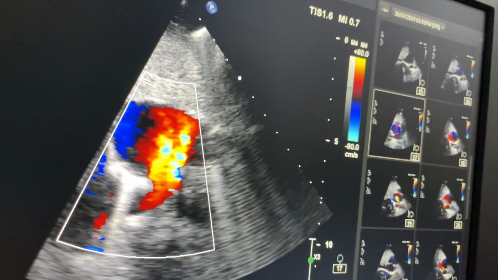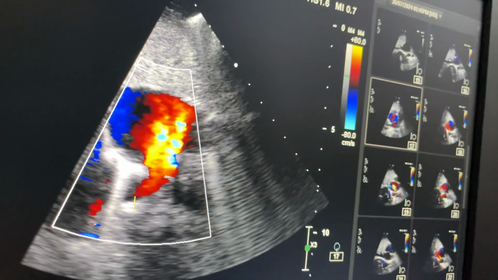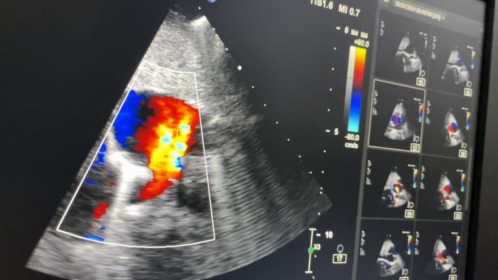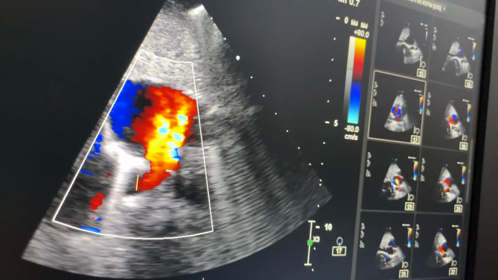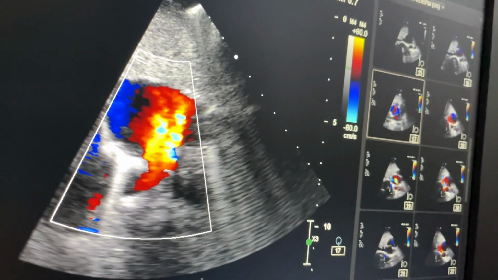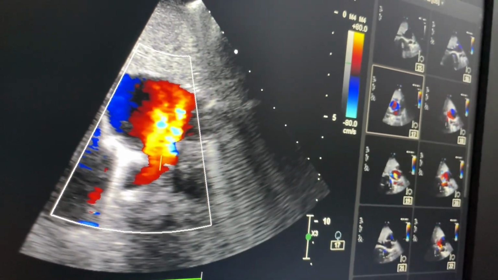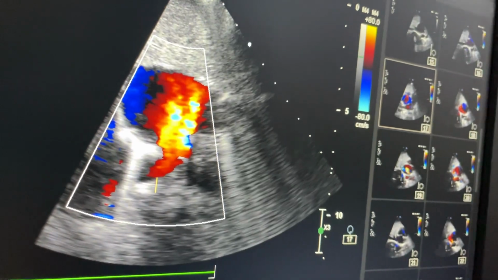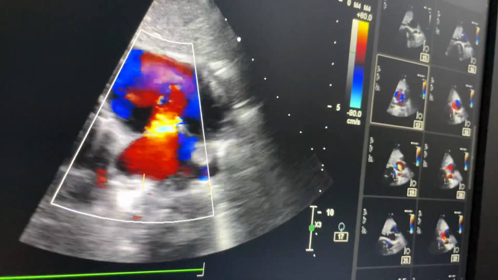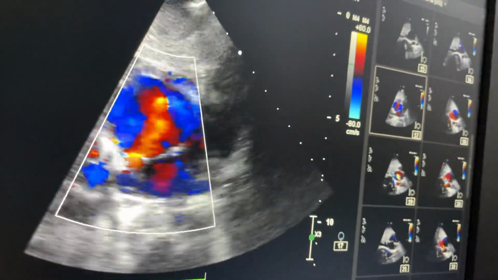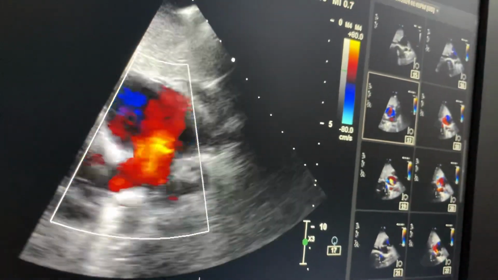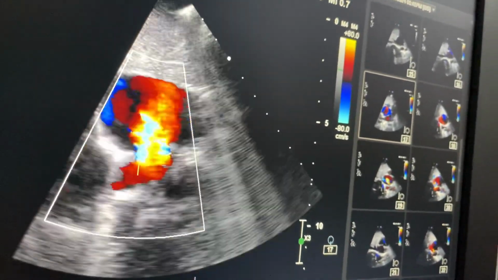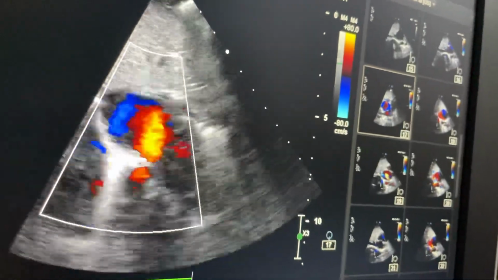Here the blood from left atrium is going into this right atrium, and at the same time the right lower pulmonary vein is also draining along with this ASD. So if it is outside left atrium, in that case what is it? It is the right lower pulmonary vein along with ASD draining into right atrium.